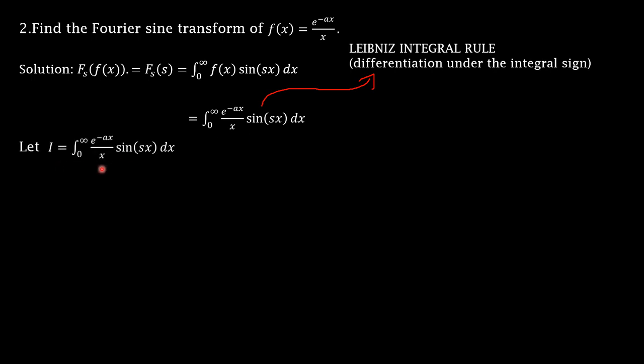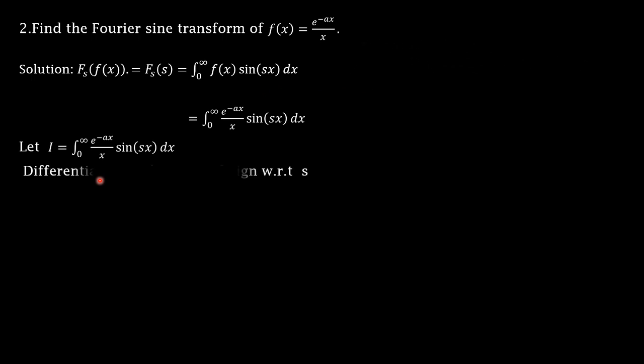Now I am going to differentiate this equation with respect to the variable s, so that the above equation reduces to the form dI by ds is equal to d by ds of integration e to the power minus ax by x into sin sx dx.